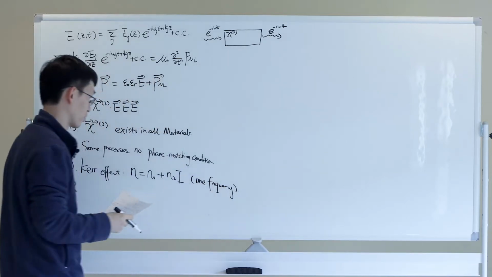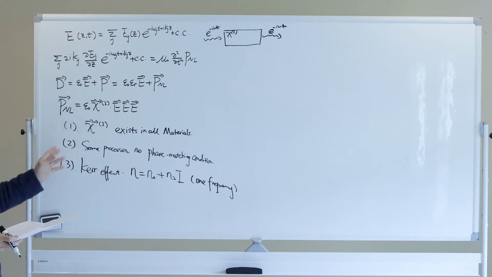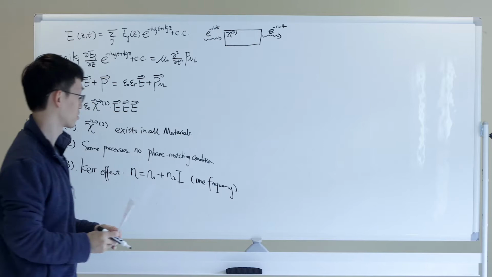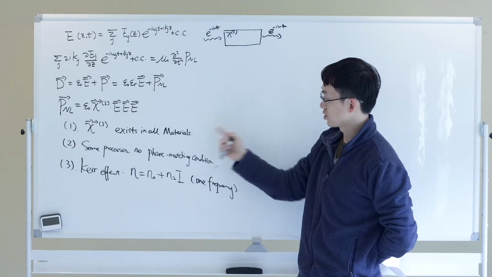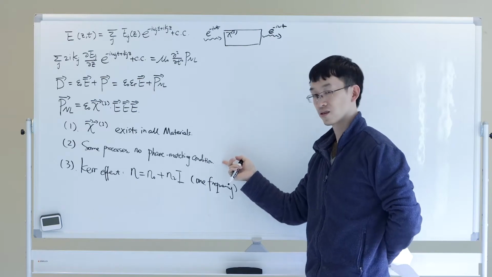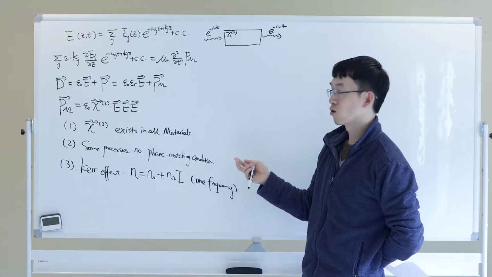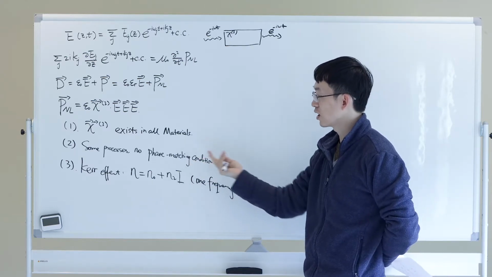Okay, and this is derived with one frequency component. When you look at the conclusions from the previous class, this actually looks quite promising. Think about this. First of all, it's very general. You have it in all materials. Second, you don't need to consider the phase matching condition, which is great, because when we're calculating things we always assume that the phase matching is perfect, and now you don't have to assume that.